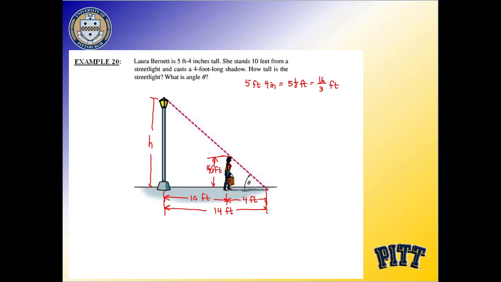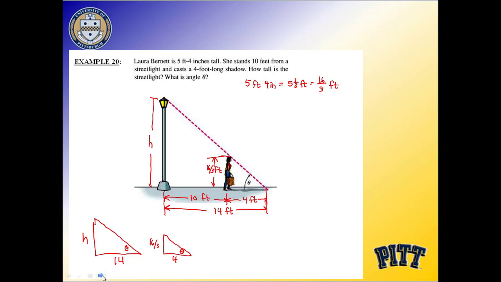Now, there's a couple ways to go about doing this. I could actually find the angle theta first and then use that to find out what the height of the street lamp is. We also have a situation here that deals with, if you remember how to use them, similar triangles. I'm going to kind of use that first. I have a bigger triangle that has h being that vertical side, and 14 being the base.